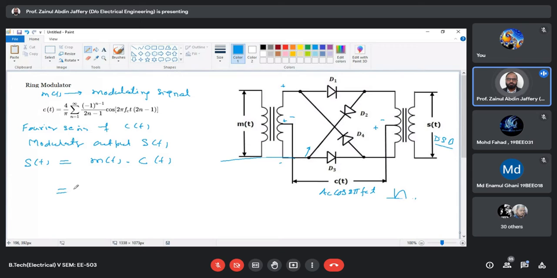So you can write this as MT, और इसी को तुम लोग फिर से लिख लो.